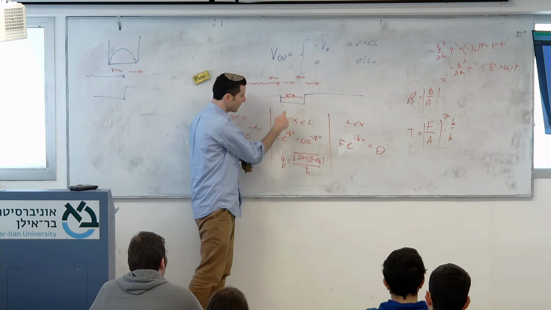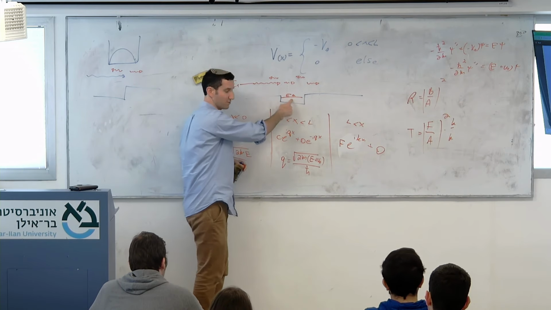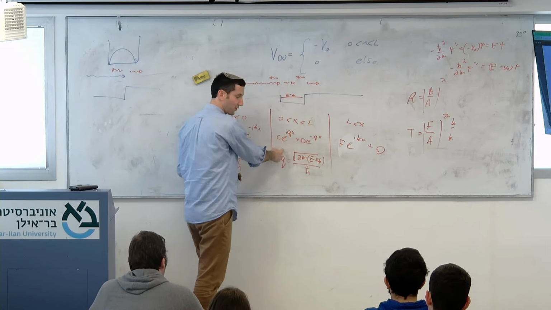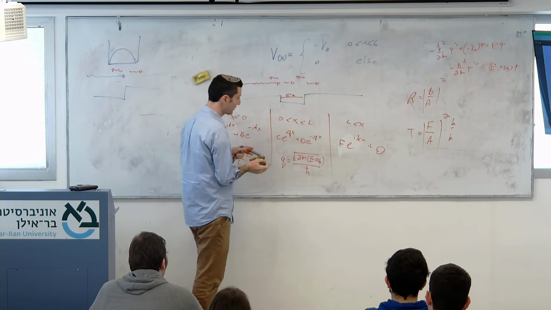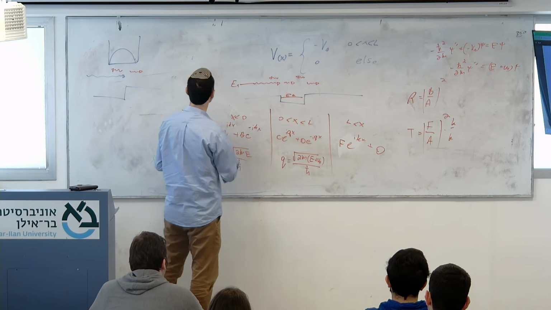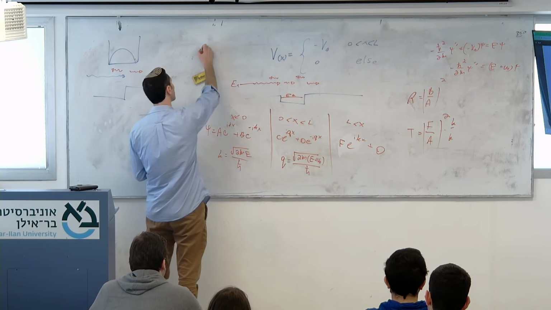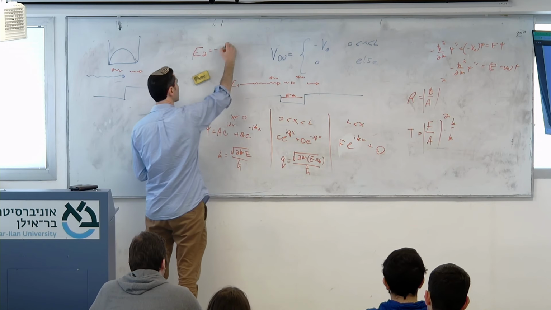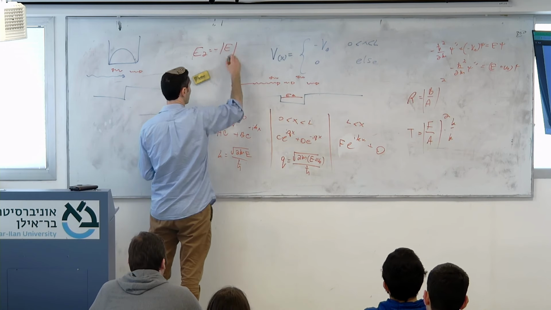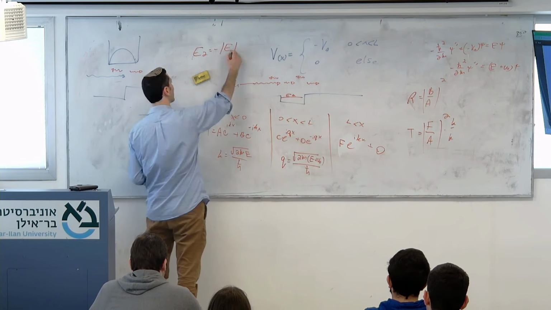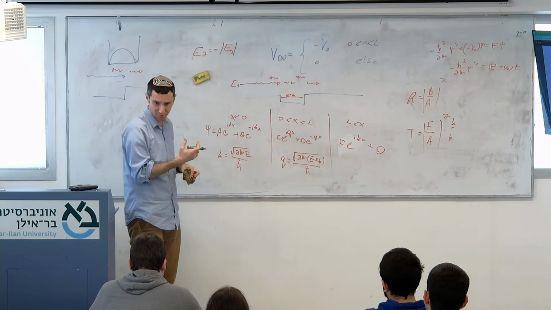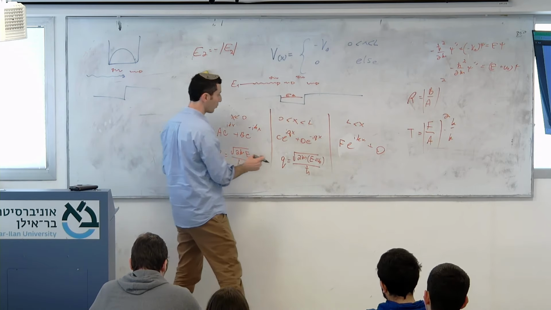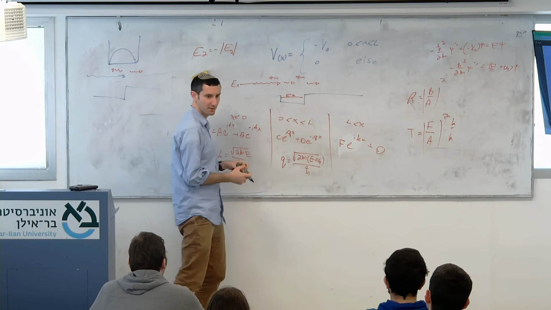So here, I can still treat it as a free particle. So I get this with a different q. Now, E2 is going to be minus a certain E. I can write it this way. E2 is negative.